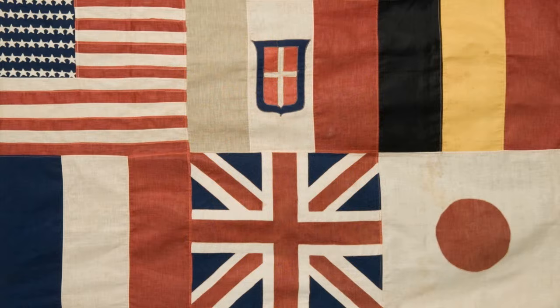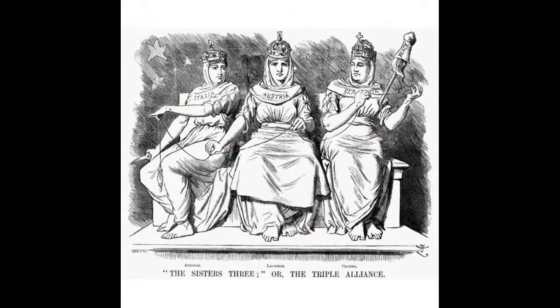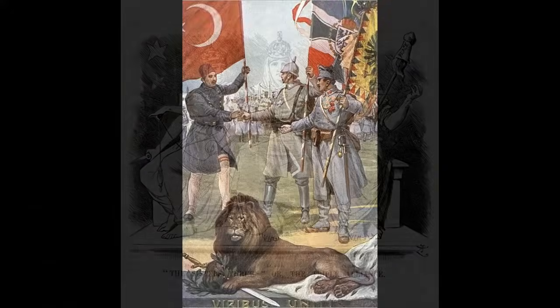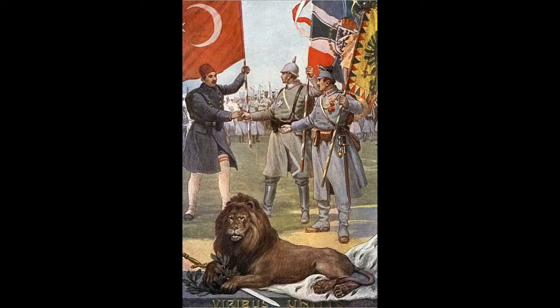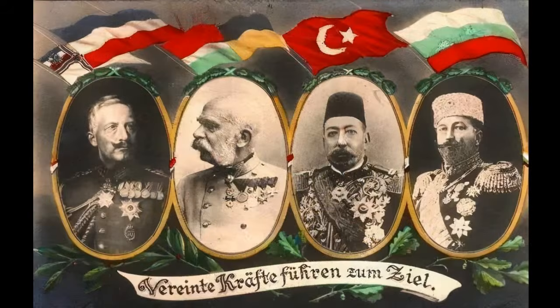By the end of the First World War, Russia would drop out of the alliance, and other countries would join. Germany, Austria-Hungary, and Italy countered with the Triple Alliance. Italy would later leave the pact, and the Ottoman Turks would join. During the war to come, this alliance would be known as the Central Powers.